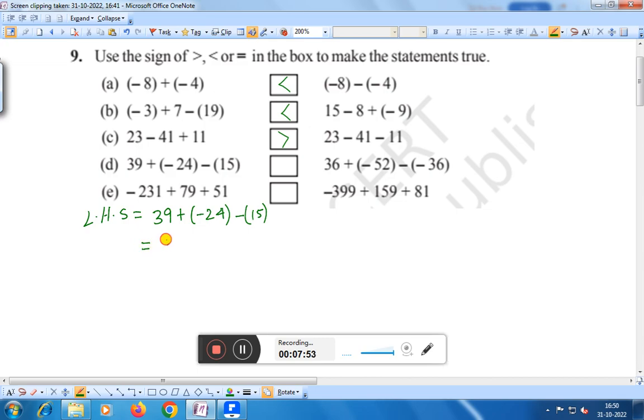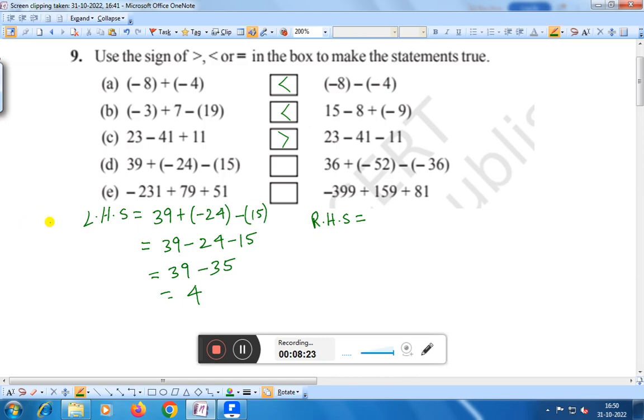Therefore, we are getting 39 plus minus 24 minus 15. That is equal to 39 minus 4 plus 5 is 9, 2 plus 1 is 3, 35. That is equal to 4. Right? And right hand side is RHS.